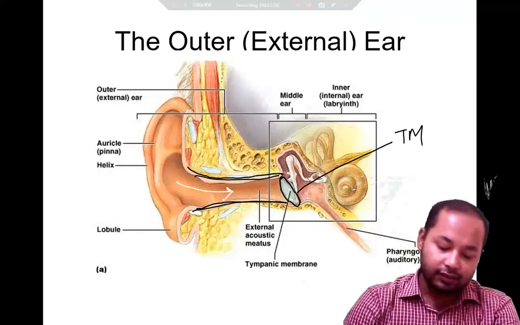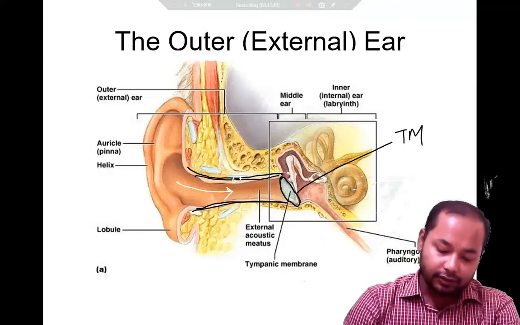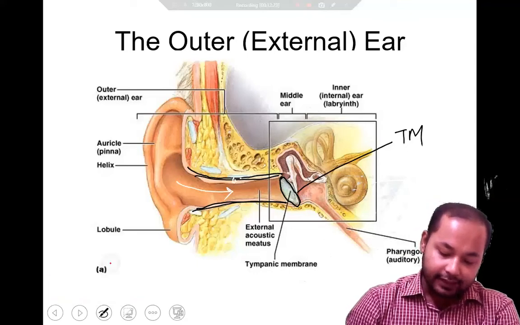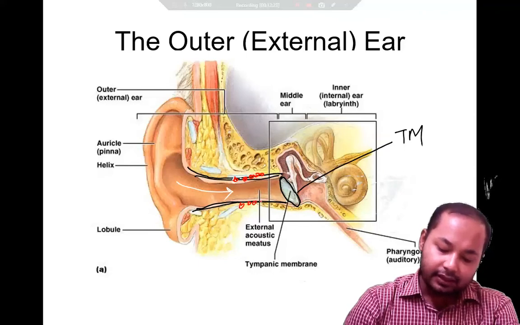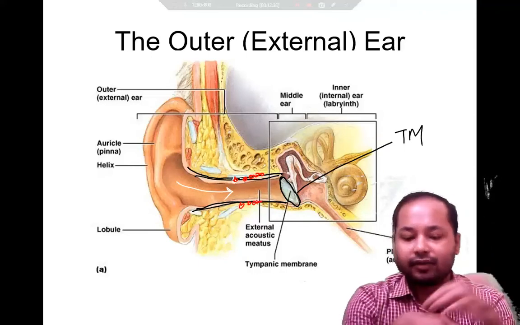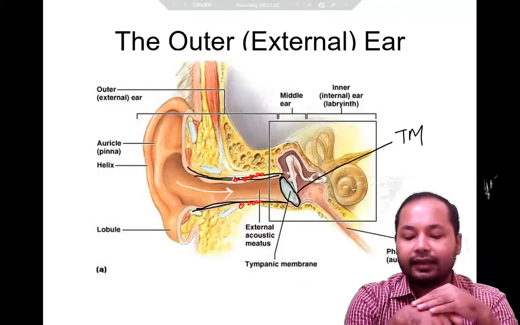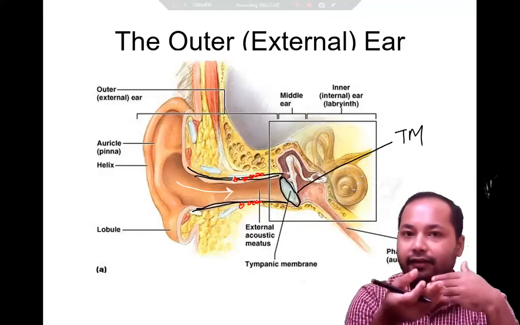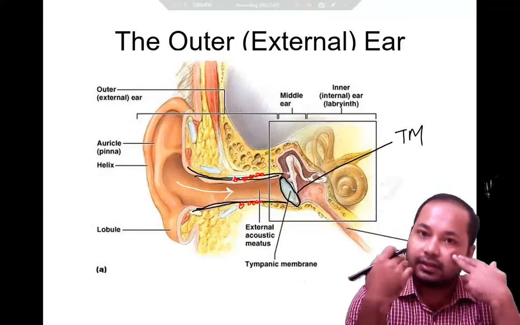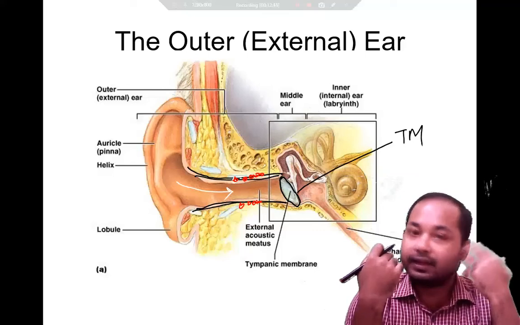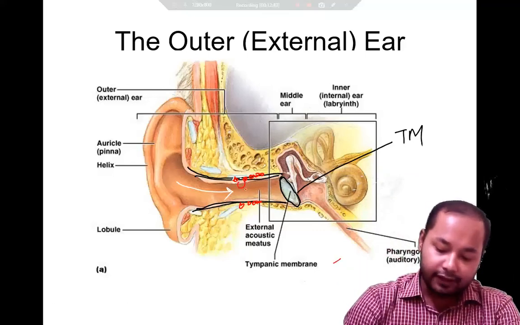Also, the skin of this external auditory meatus has glands. These glands are the sebaceous glands. The same mechanism as you have with pimples developing over the skin: when pimples are infected by bacteria, they may get enlarged. When that develops inside the ear, since it is also skin, you will develop a furuncle.